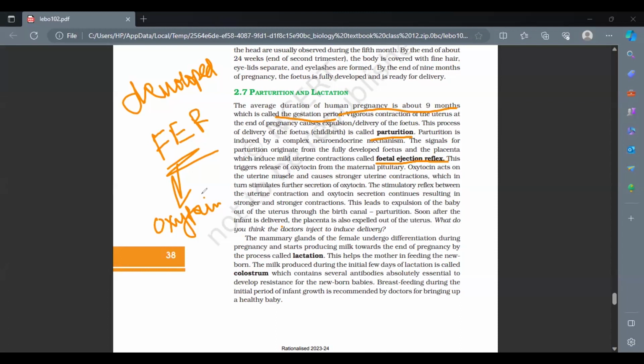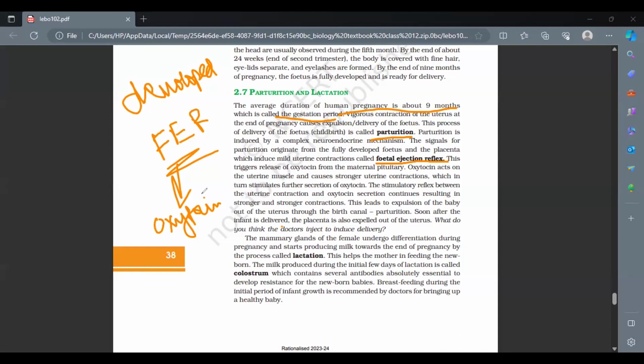So many a time questions are asked: what is the fetal ejection reflex, where is it generated from, and what is the result of a fetal ejection reflex? It is a reflex action sent by the fully developed fetus to the mother's blood. The result of the FER is mild uterine contractions.